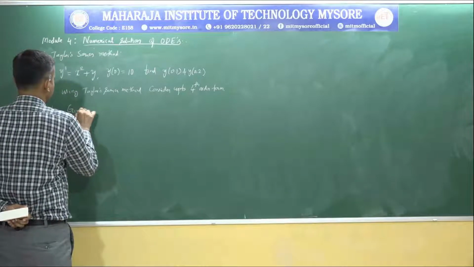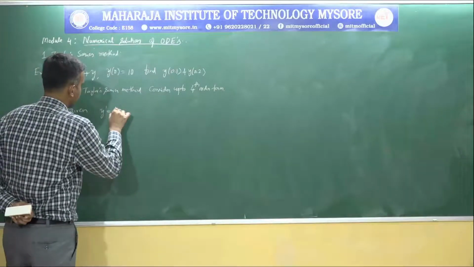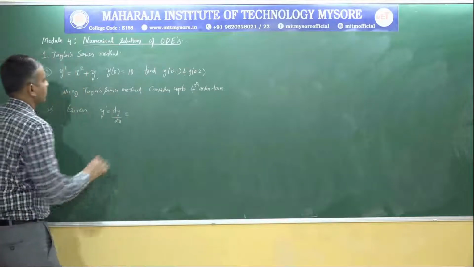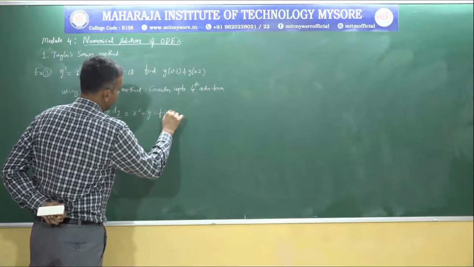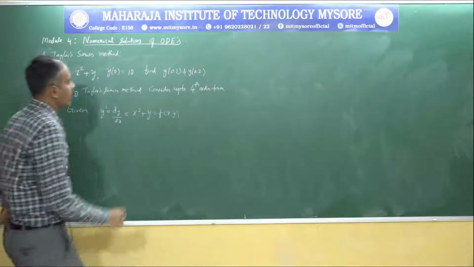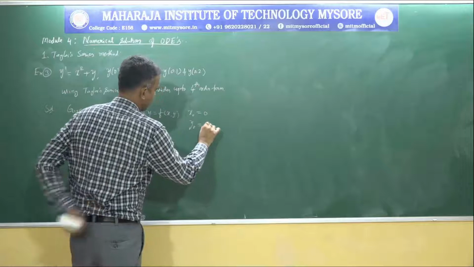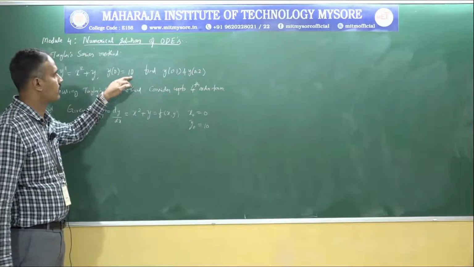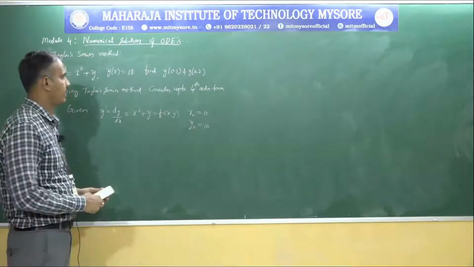Given y dash, otherwise dy by dx, we assign the function f of x comma y as x square plus y, and the initial data is x naught 0, y naught 10. Generally we compare y of x naught is equal to y naught, so x naught value is 0 and y naught value is 10 here.